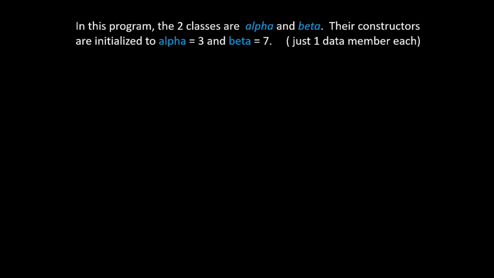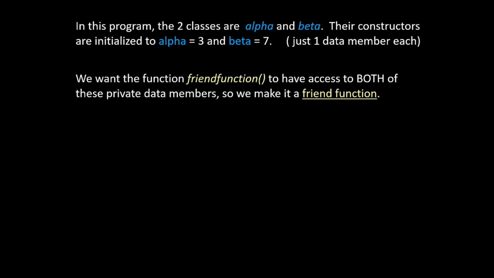So in this program, the two classes are alpha and beta. Their constructors are initialized to alpha equals 3 and beta equals 7. So just one data member each. We want the friend function to have access to both of these private data members. So we make it a friend function.